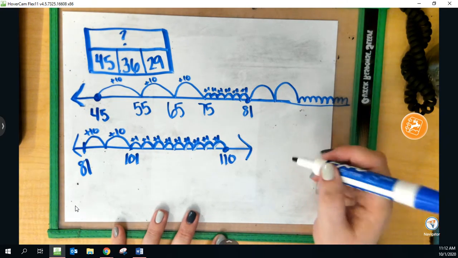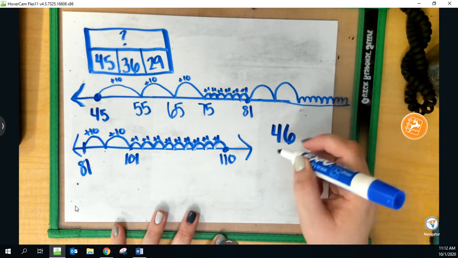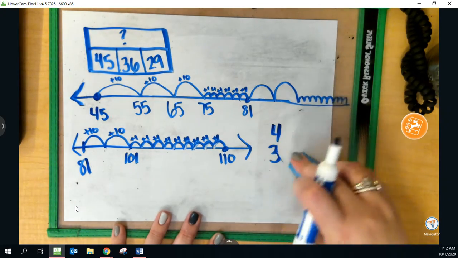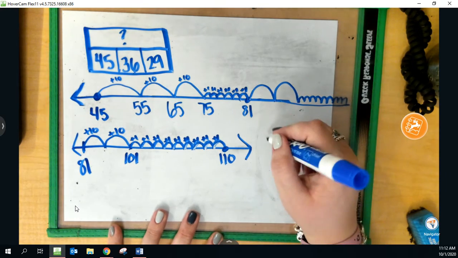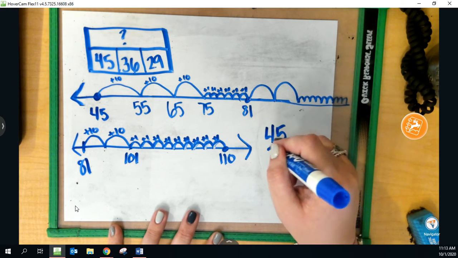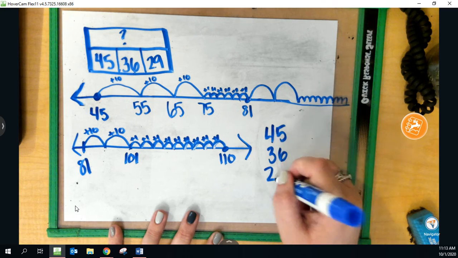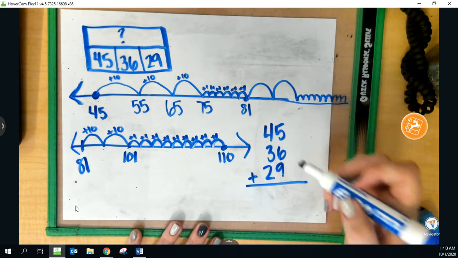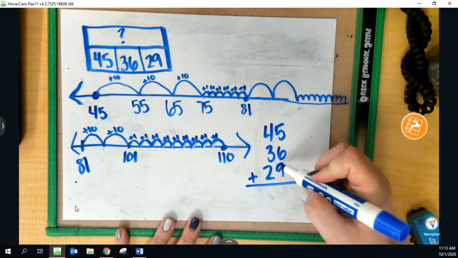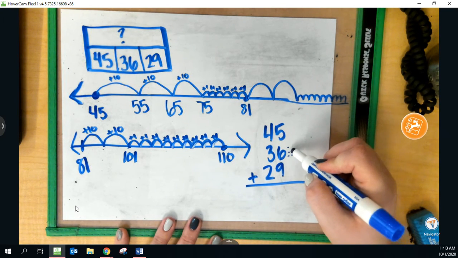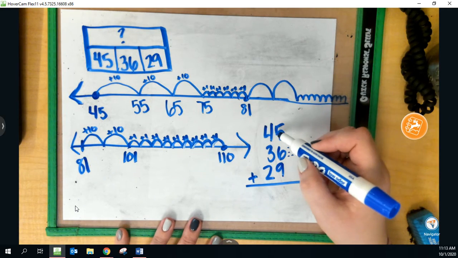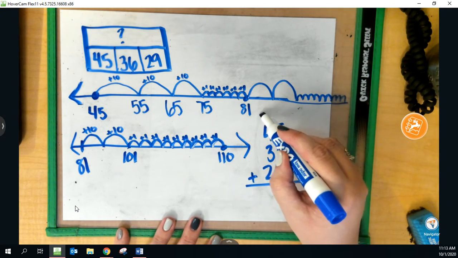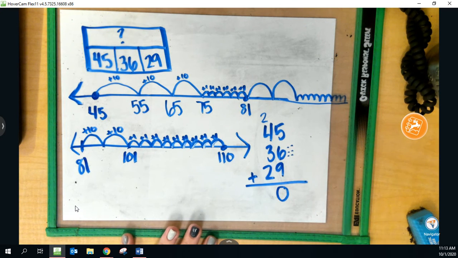Now I'm going to line them up and I'm just going to add them like normal. And I want to see if I got the right answer. 45 plus 36 plus 29. I know that 9 and 6, 9, 10, 11, 12, 13, 14, 15, plus 5 is 20. 0, carry the 2.